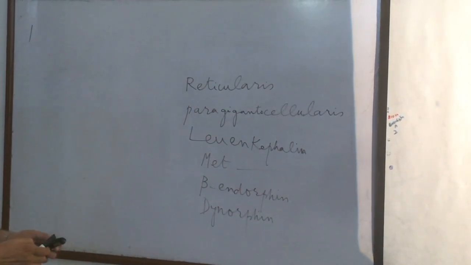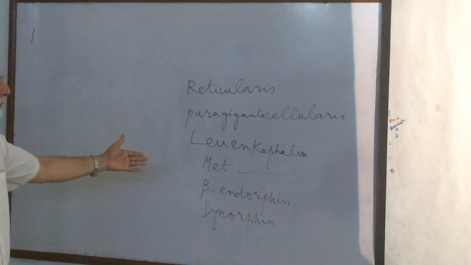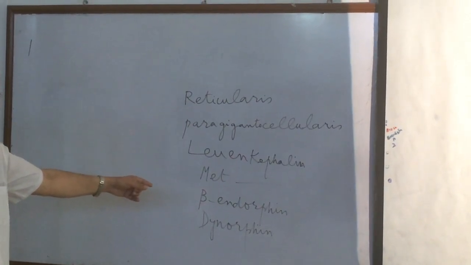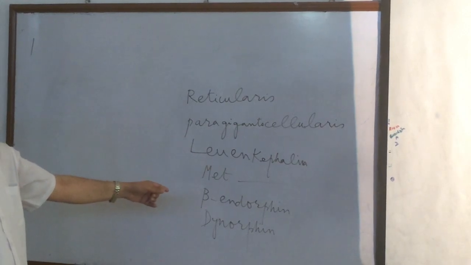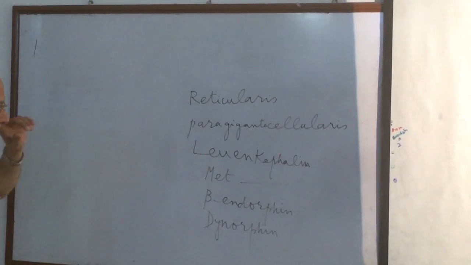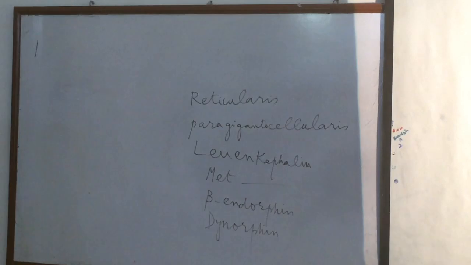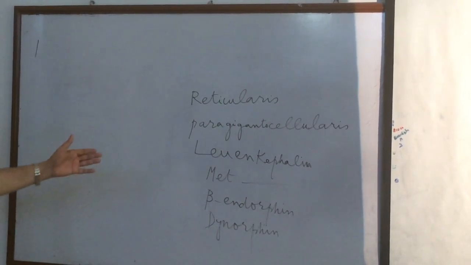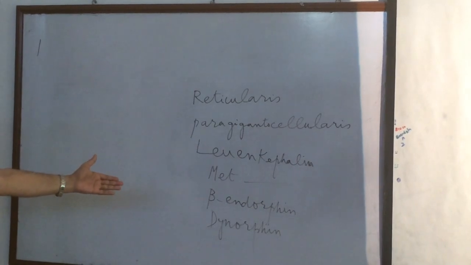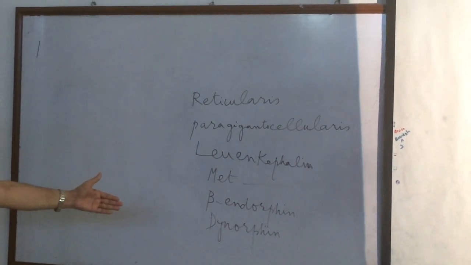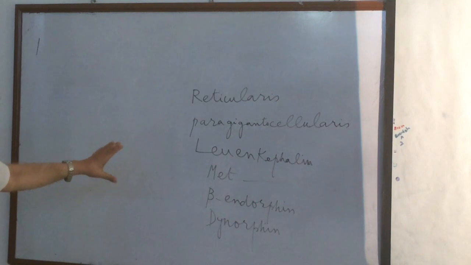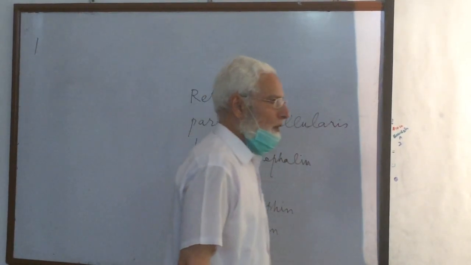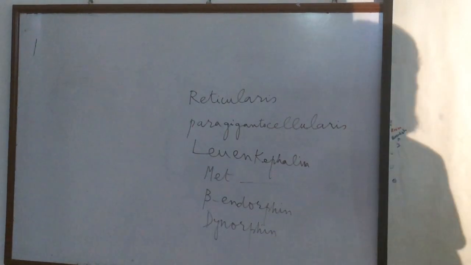These are called morphine-like or opiate neurotransmitters: enkephalins, beta endorphin, and dynorphin.